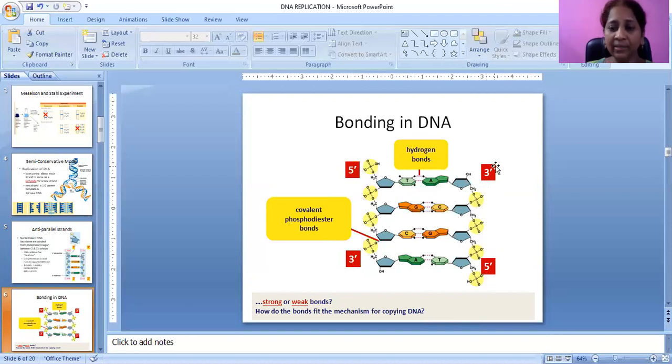This is the total structure of and bonding in DNA.